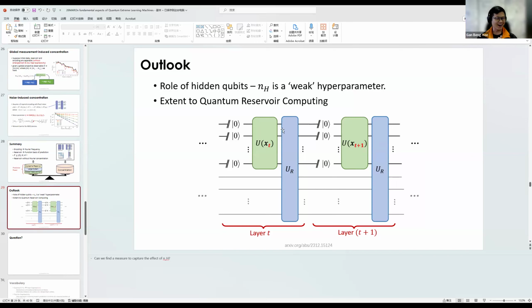So the expressivity of this will depend on the expressivity of that; they are correlated. It's super annoying for QRC. When the IID assumption breaks down, it complicates a lot of things.